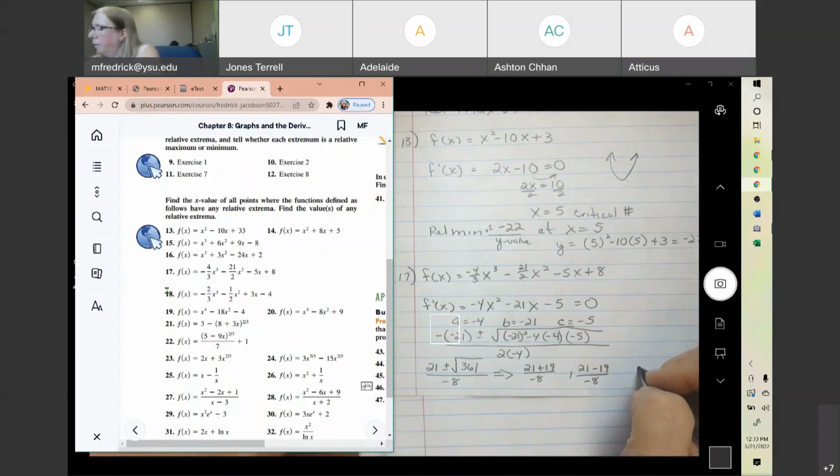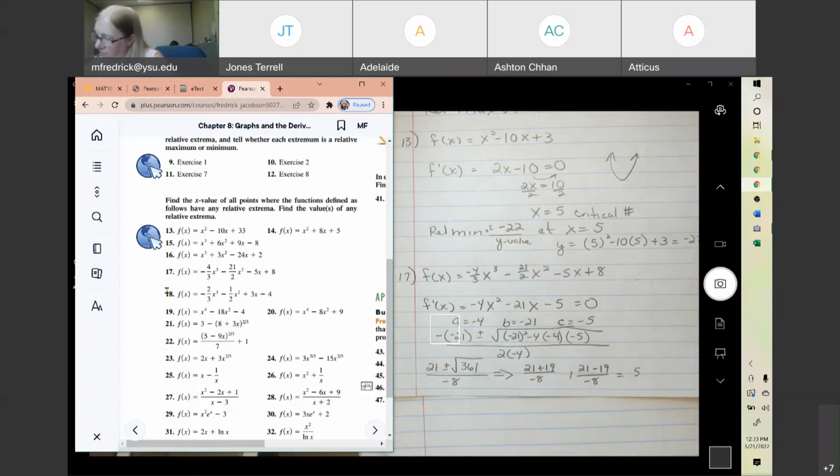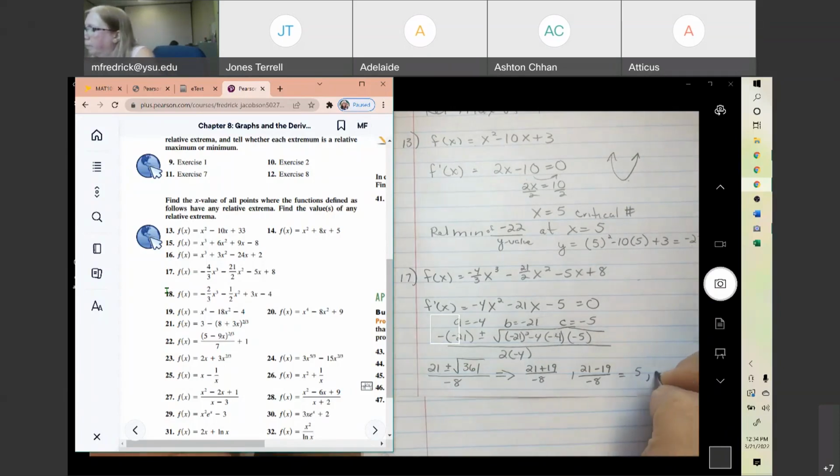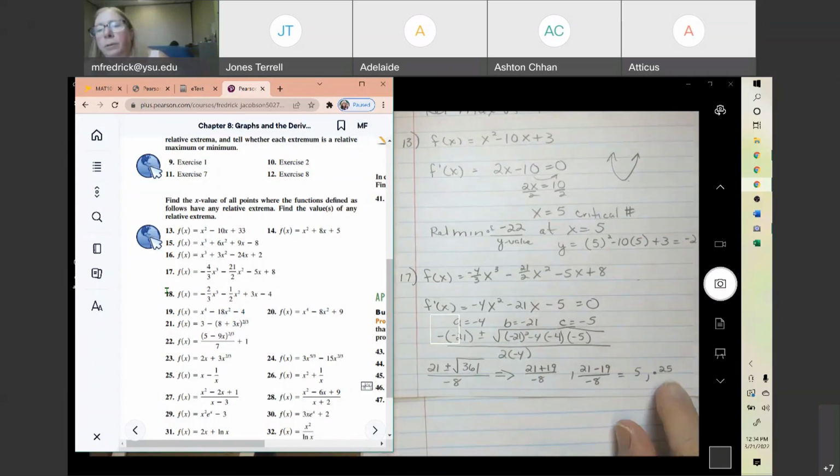So we get 5 and either 1/4 or 0.25. So these are our two critical numbers.